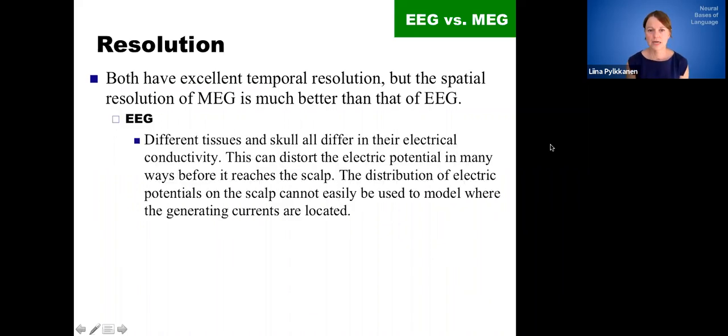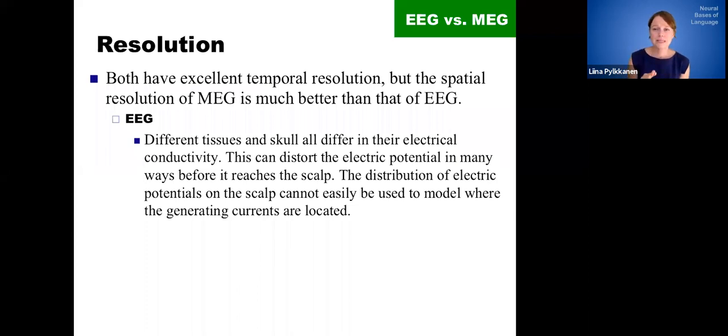We have it because for the purposes of the electric potential, all the different tissues of your brain, there's a lot of different structures, and your skin and your scalp, all of those different structures differ in their electrical conductivity.